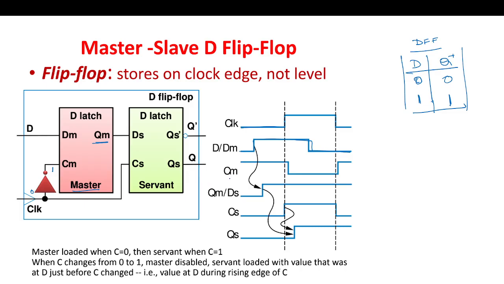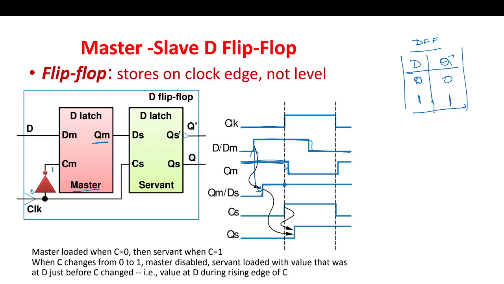The clock will be the NOT of this one, so it will be 1, then 0. We have a slight delay here, propagation delay. Then what will be the output? For this complete duration, this D value should come to the output, with a slight delay, and the output comes till here.